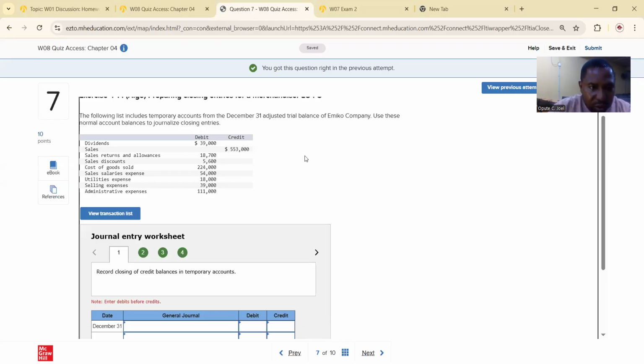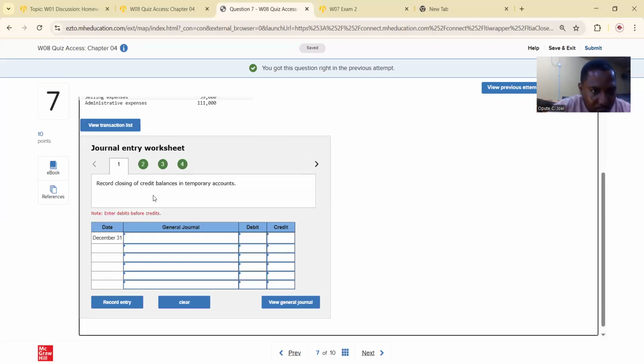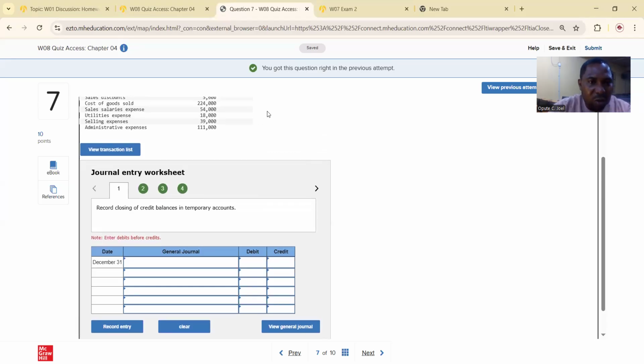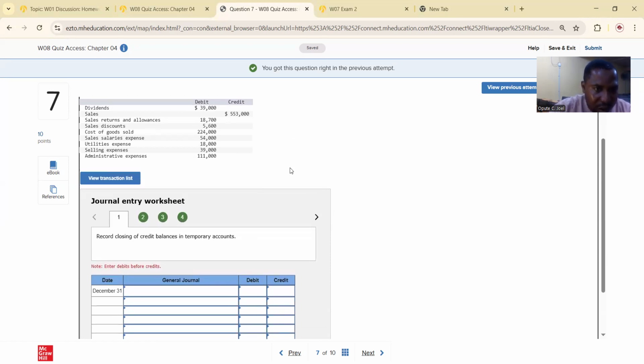The very first requirement is to record closing of credit balances in temporary accounts. I think that question is just a bit tricky. The credit balance here is the sales account, so the question is asking us to close the sales account.